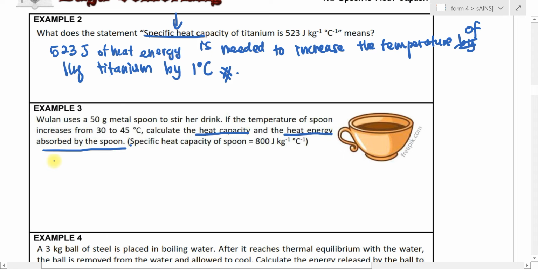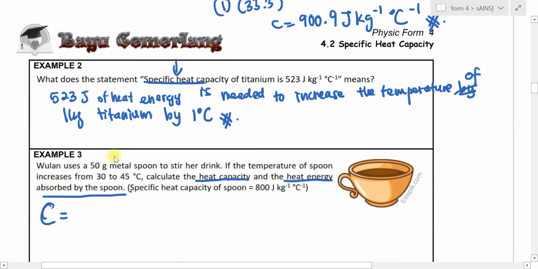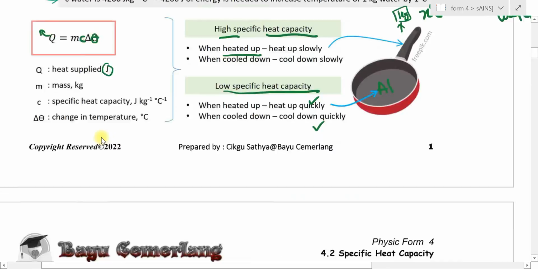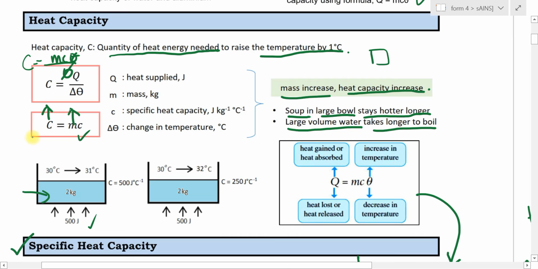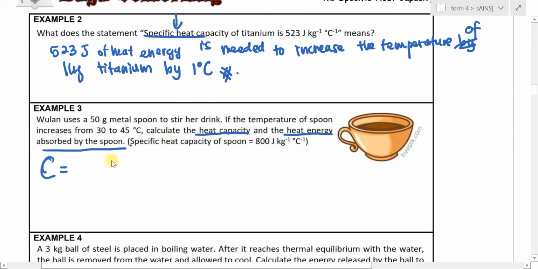Heat capacity formula dia adalah big letter C equal to tadi kita tengok kan MC ya. Okay. Although it's not important but we need to know sometimes. The big letter C is just specific no. Heat capacity is equal to mass multiply the specific heat capacity. Okay. Big C equal to M small c.